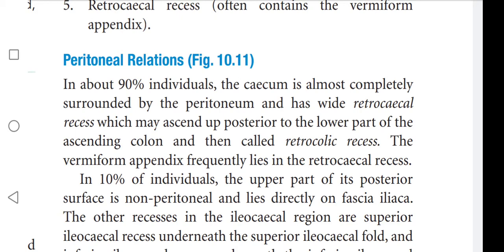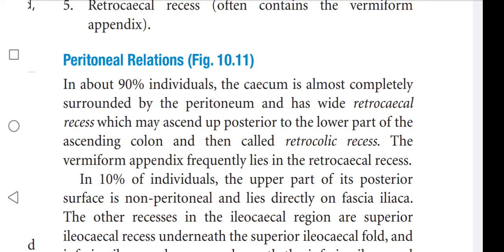Once again, in about 90% of individuals, the cecum is almost completely surrounded by peritoneum and has a wide retrocecal recess.